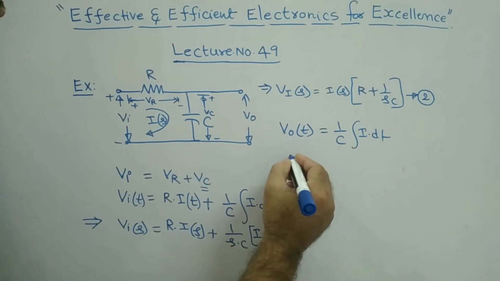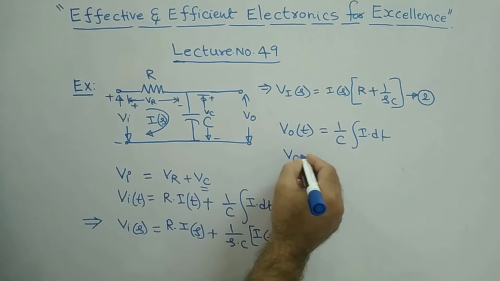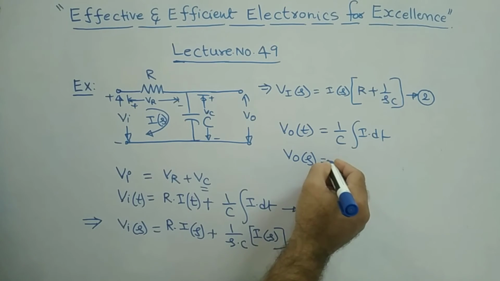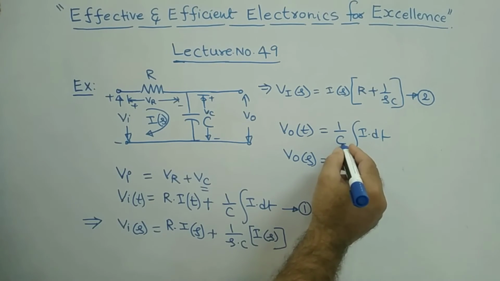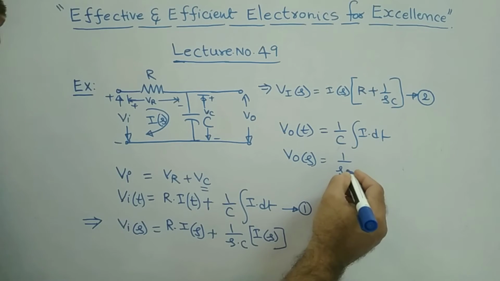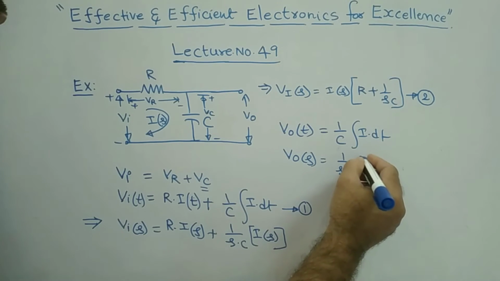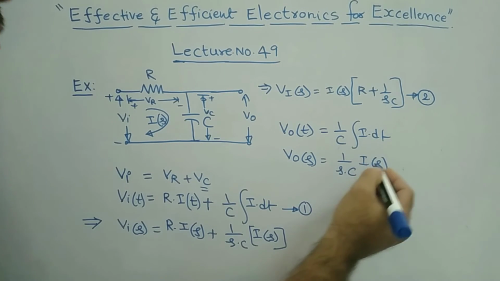So for this, now you apply the Laplace transformation, then it becomes V0 of S is equal to 1 by S C times I of S. Integration means 1 by S will come here. Clear?